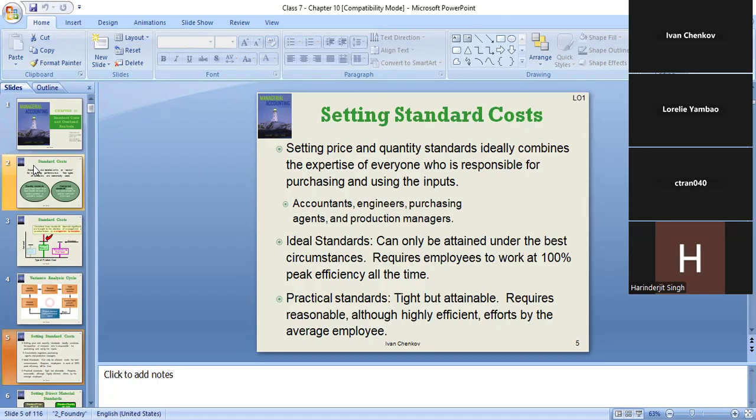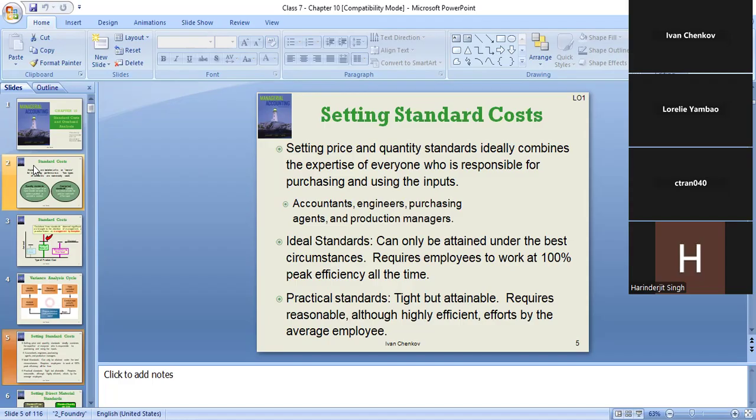Who's going to help us achieve those standards? Well, for the cost, we can ask the accountant, engineers, or the purchasing department. And for the quantity standards, again, we can ask sales agents, product managers, or customers.